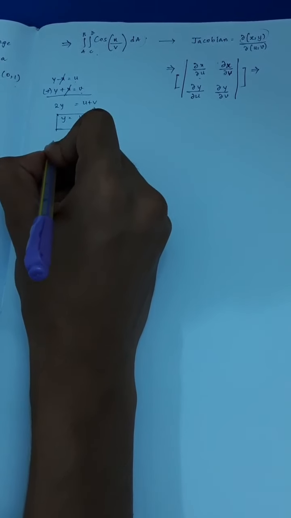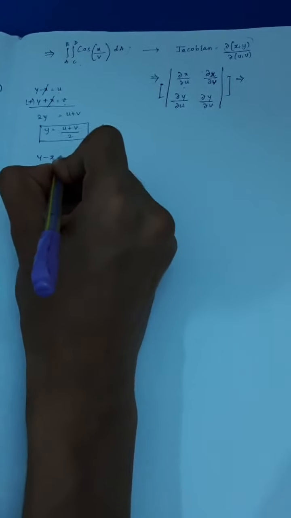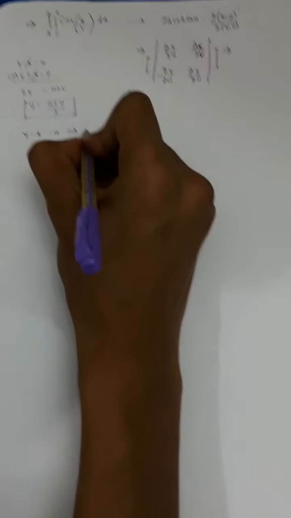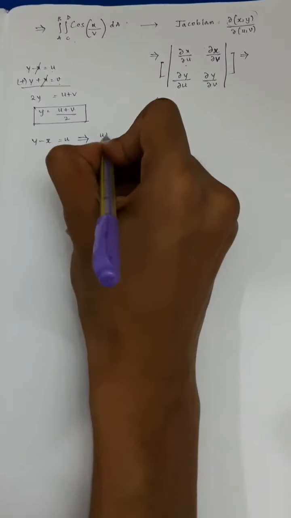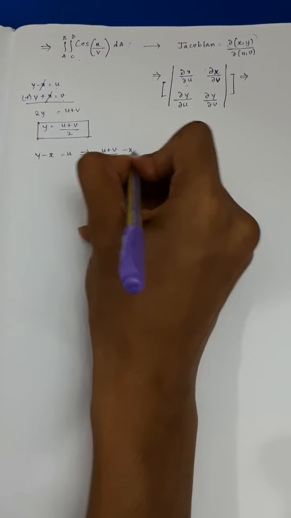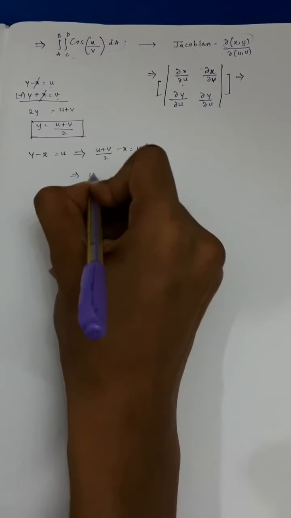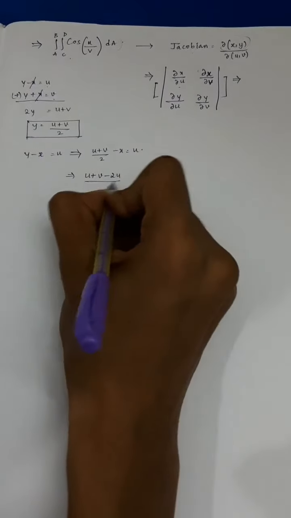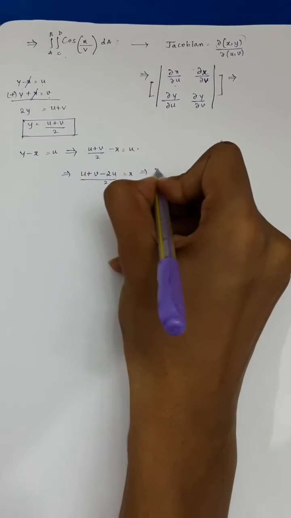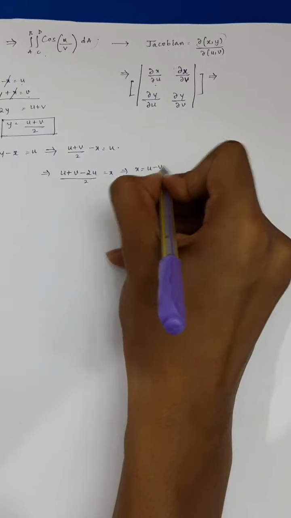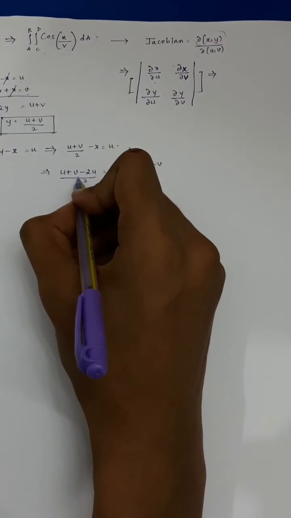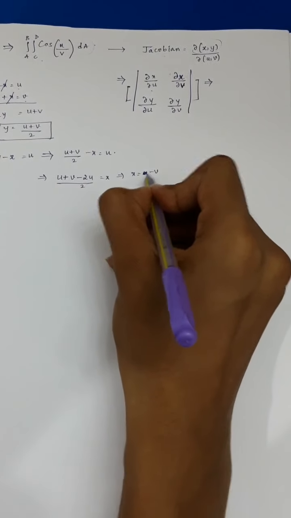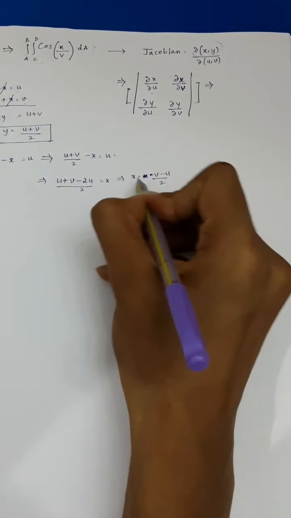Similarly, y minus x is equal to u. By substituting y in the first equation, we also get the x value, which is (u plus v) by 2 minus x is equal to u. So now (u plus v minus 2u) by 2 is equal to x. So x would be (v minus u) by 2.